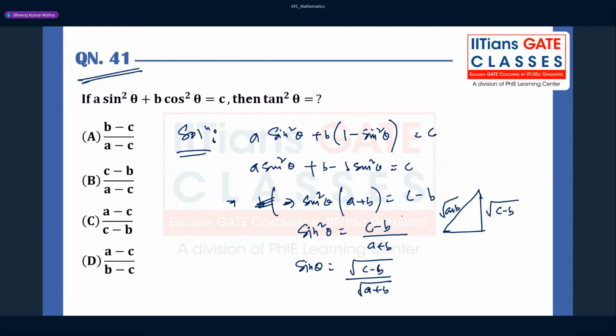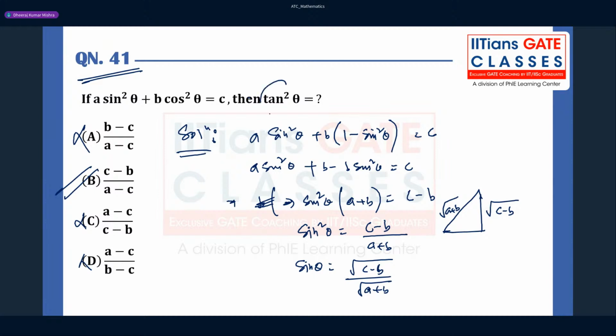Which option is correct now? Option C minus B is present in only option B. It's a very simple question; you have to do little manipulation and you can just get it. So option B, because C minus B is only present.